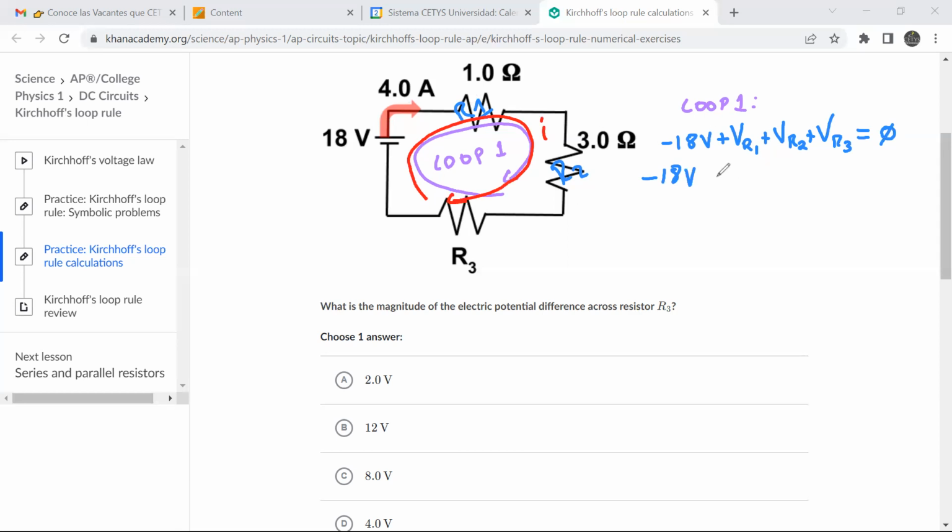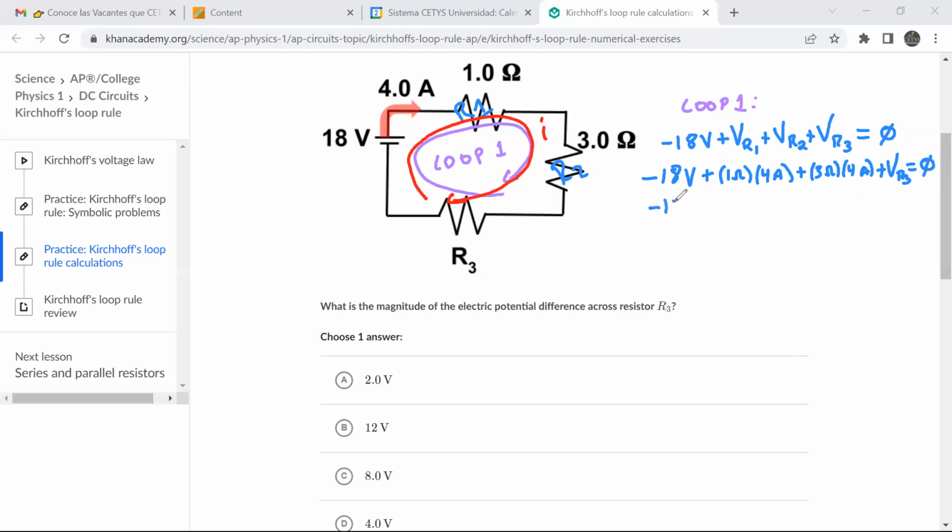So the voltage in resistor 1 is equal to 1 ohm multiplied by 4 amps. The voltage in resistor 2 is equal to 3 ohms multiplied by 4 amps. And we've got the voltage in resistor 3, which is the one we're looking for. All of that has to be equal to 0.